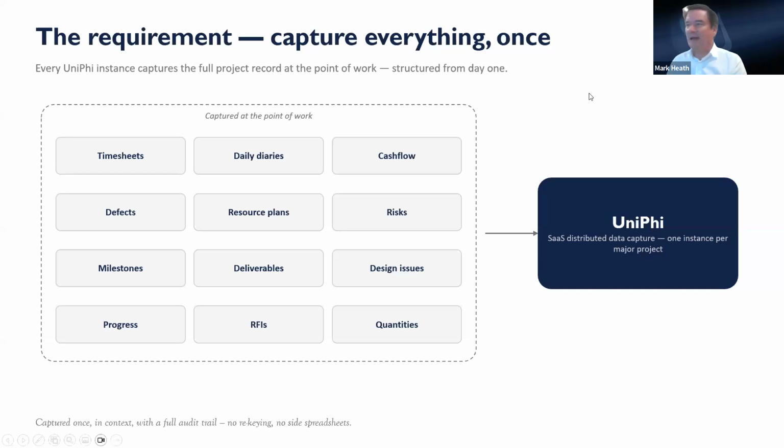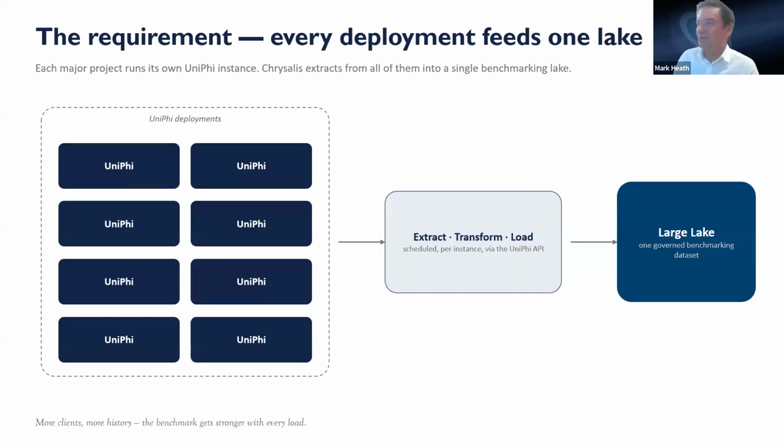Now, when you start doing that and you're a large organization, and we've rolled out globally now to a number of organizations with a bit of a niche use case around project controls and commercials on major projects, we normally do it by setting up discrete UniPhi instances. So they'll have an enterprise or multiple enterprise deployments, typically globally between 3 and 6.